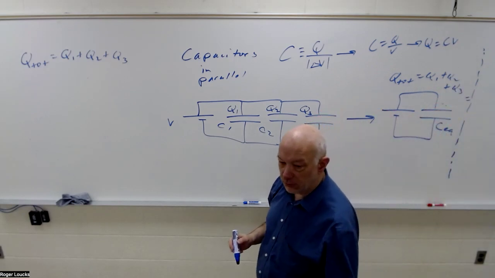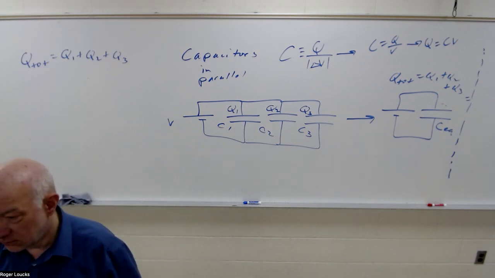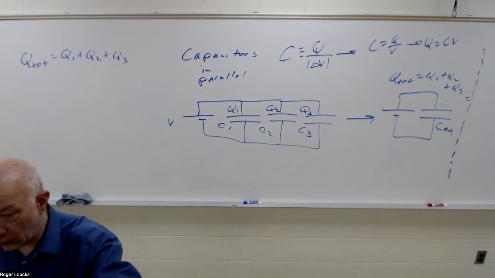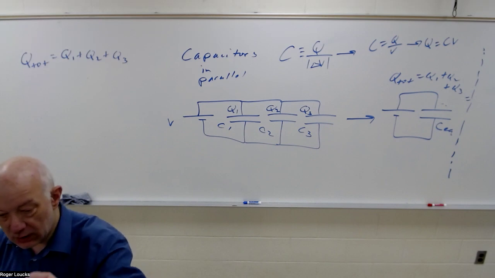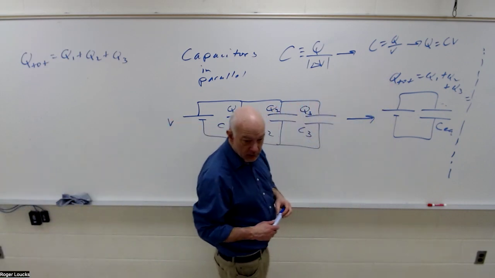What do you have for a resistor? For a resistor, the voltage is IR. So different elements are going to have different voltages across them. Resistor is always IR. Capacitor is always going to be Q over V as your C. And so your voltage in this case, if you solve for V, would be Q over C. Okay.